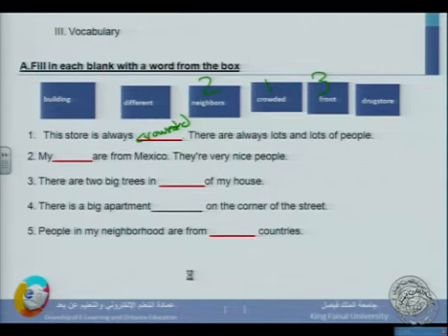There is a big apartment building on the corner of the street. Big apartment معناها شقة. Building عمارة on the corner of the street. Number 5. People in my neighborhood are from different countries.